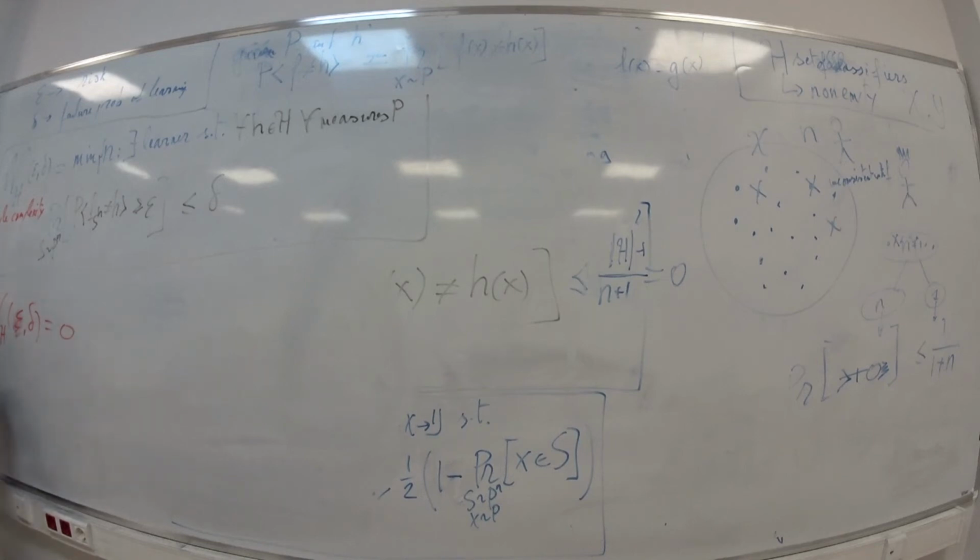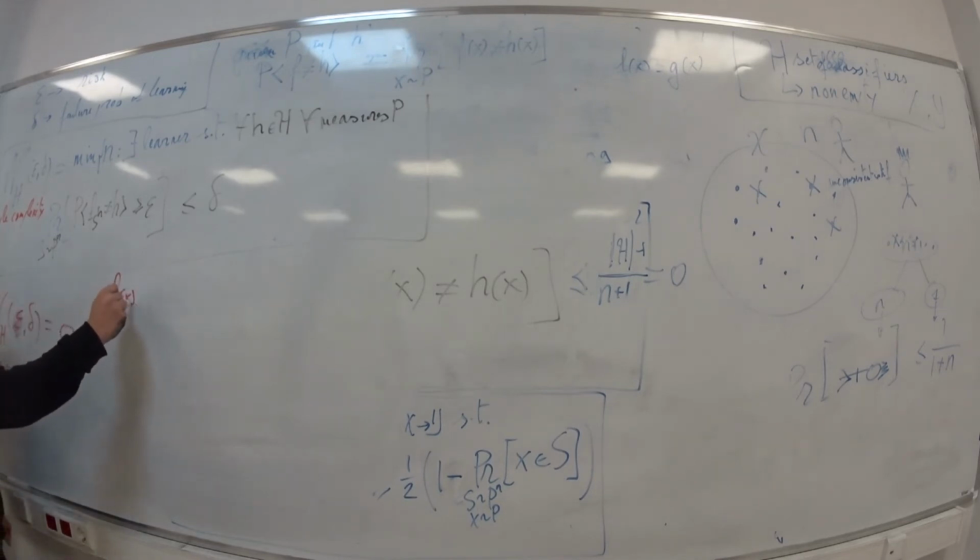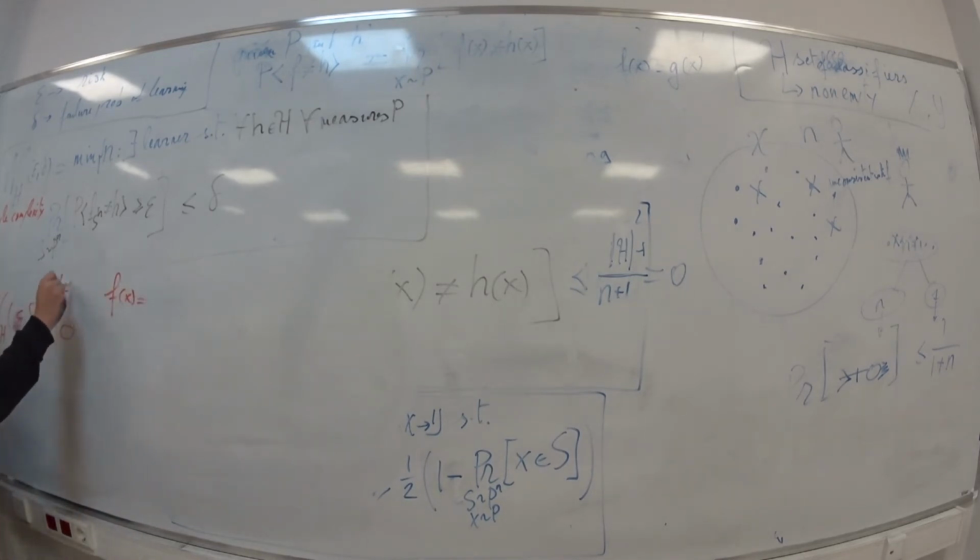And now it can be proven that if H contains two functions always contradicting each other, it's 1.